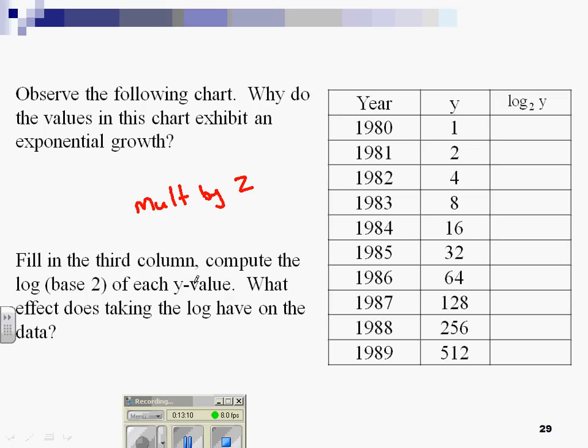If we fill in the third column and compute the log base 2 of each y value, the log base 2 of 1 equals 0. The log base 2 of 2 equals 1. This is 2, 3, 4, 5, 6, 7, 8, 9.